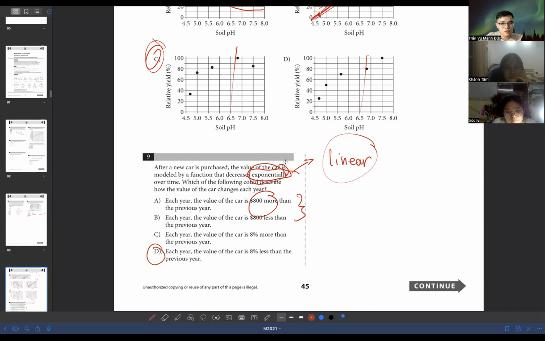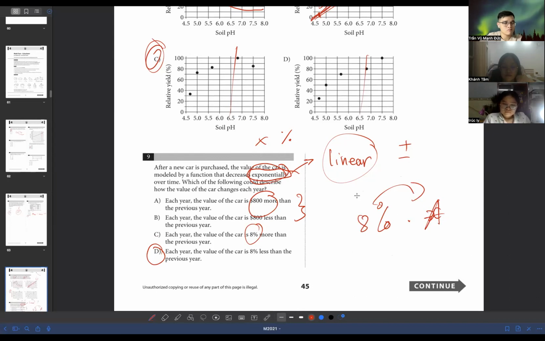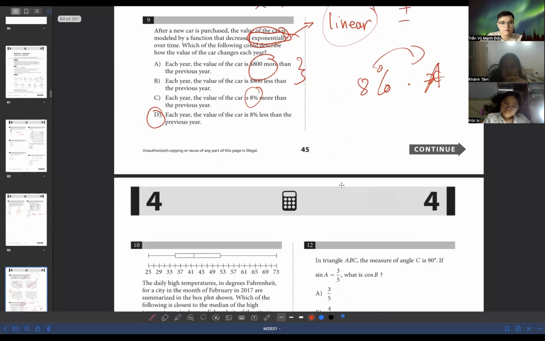But exponential means multiplication or division, and linear means addition or subtraction. In this case, you can see 8%, meaning you multiply by 8% to the value. That is exponential. When it comes to linear, you subtract and add. All right, very good.